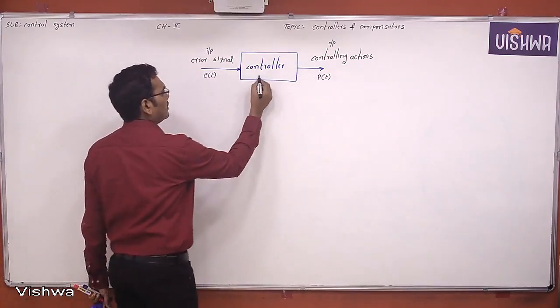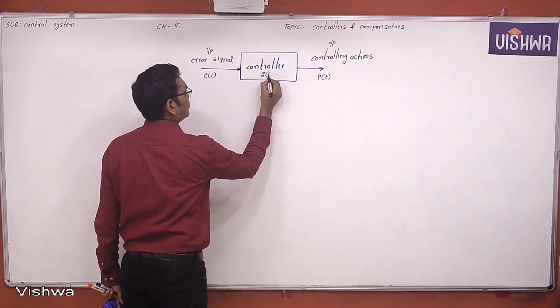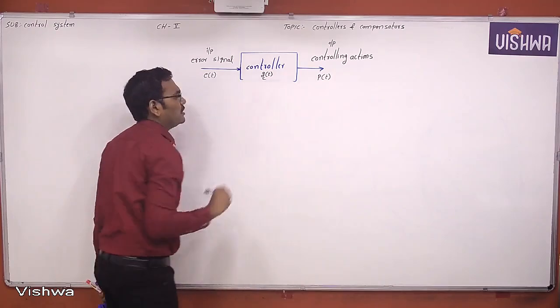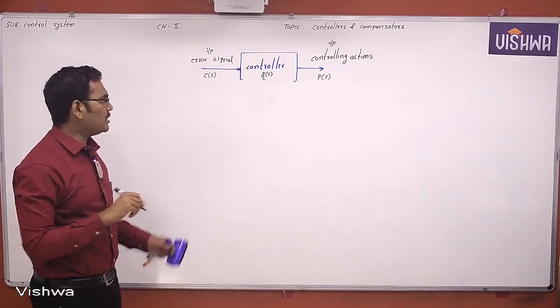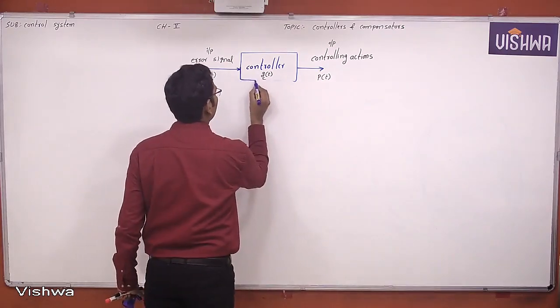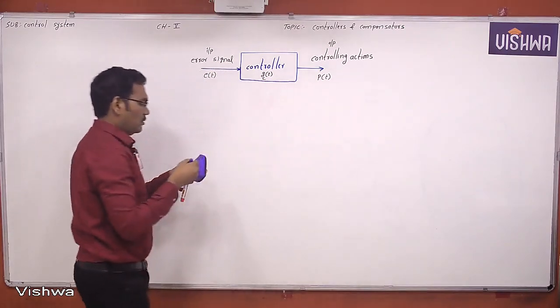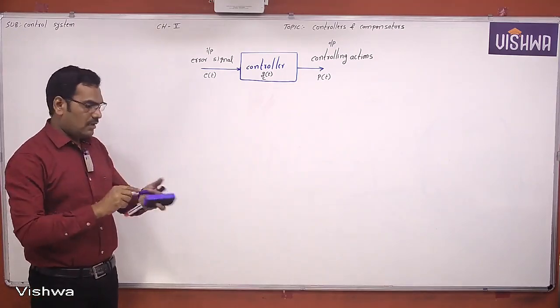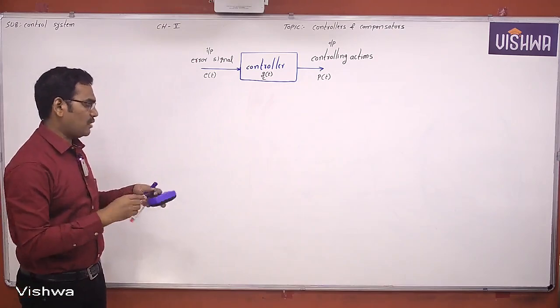Therefore, this is the forward path gain, but since it is the gain of the controller, I mention it as GC. This is the controller gain in the forward path. Okay. So now see here: controller output, controller input, controller gain.